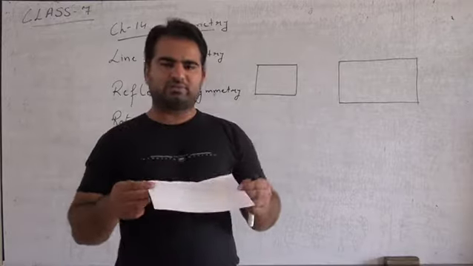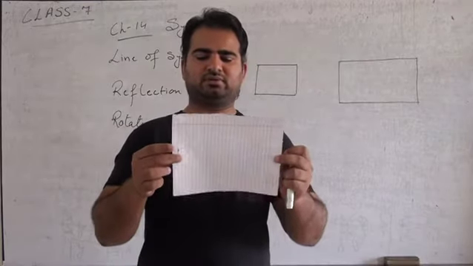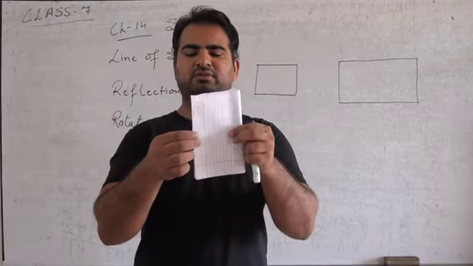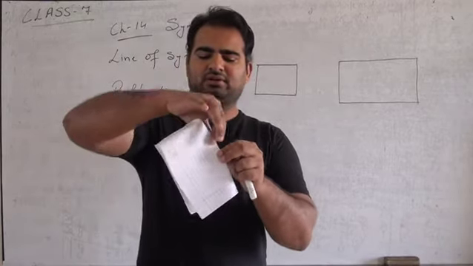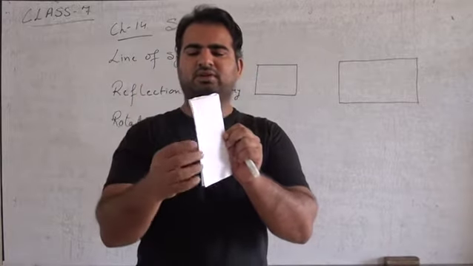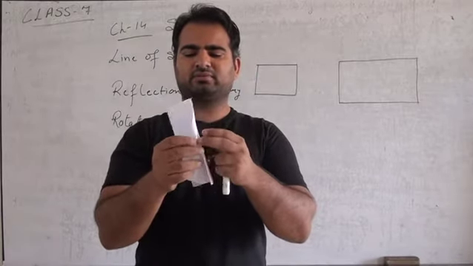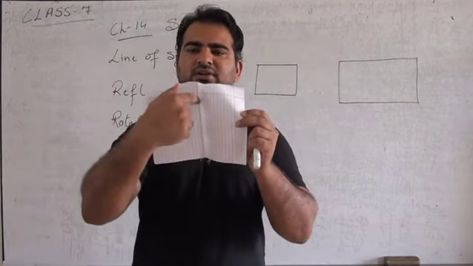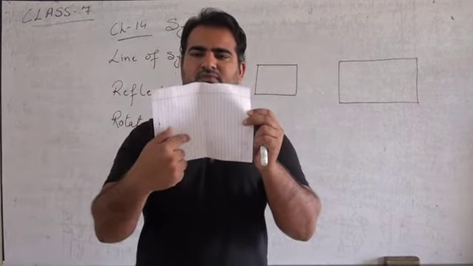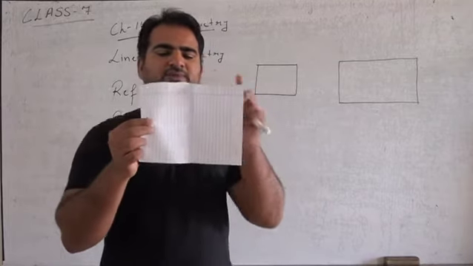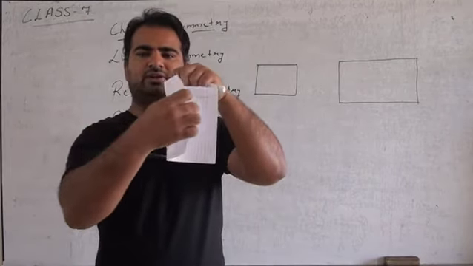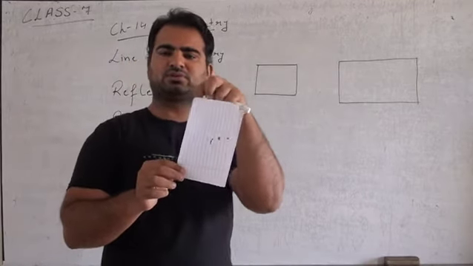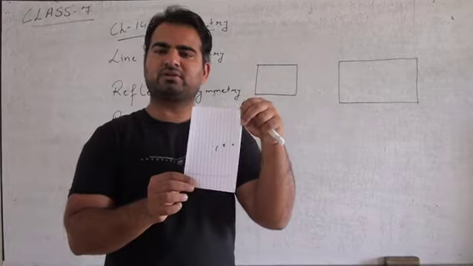So what I am doing is I am folding it, and it will make an embedded line in between the two halves. This line will be a line of symmetry because this part will overlap the other part completely. Done? So it has only one line of symmetry?